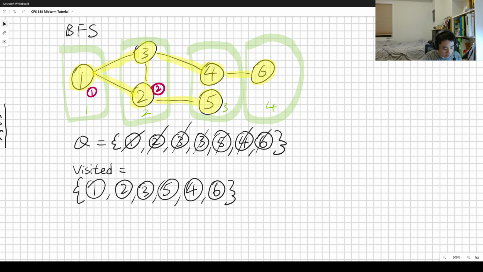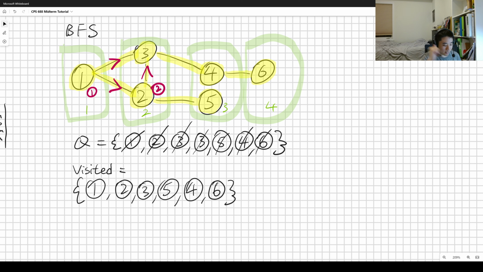And because at that time number 3 was not visited, it will actually add the number 3 the second time. The first time is when number 1 adds number 3, and the second time is when number 2 adds number 3. But that is because in both times number 3 is unvisited.